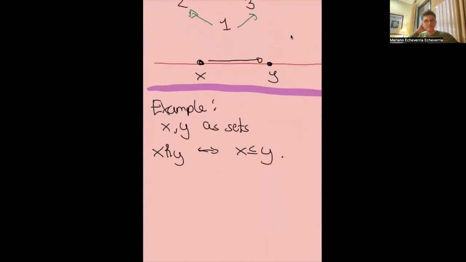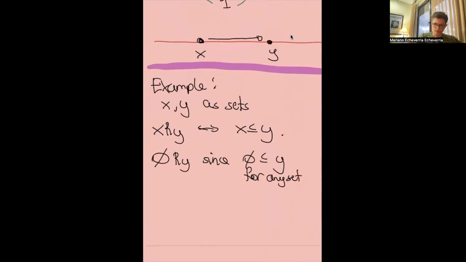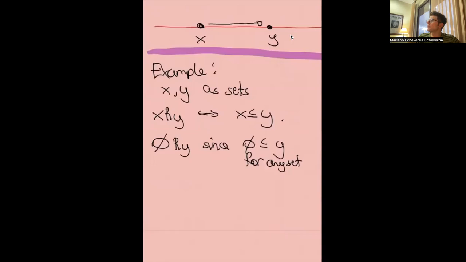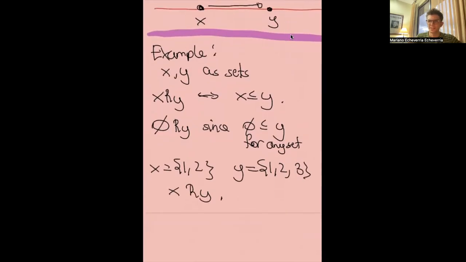For example, the empty set is related to everything, since the empty set is a subset of any set. And if x is {1, 2} and y is {1, 2, 3}, then in this case x is related to y, right?